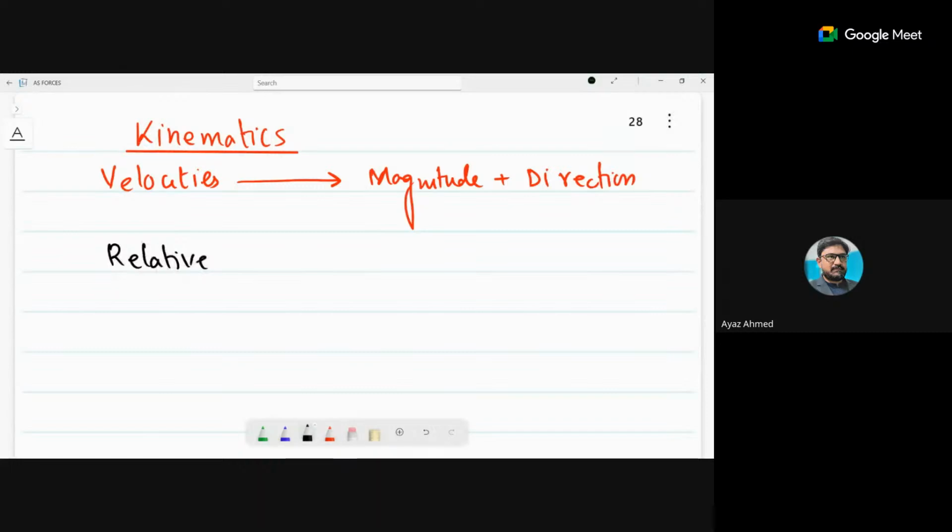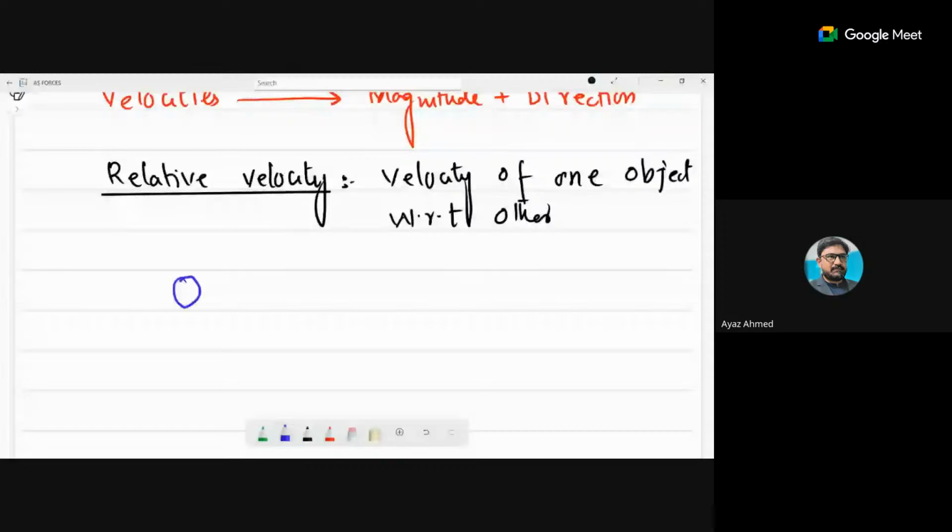So if I have two objects, let's say this is an object of mass m1 moving with velocity u1, and there is another object with mass m2 and velocity u2.